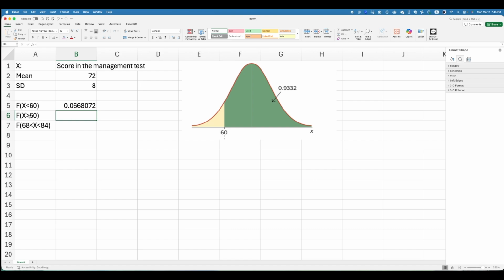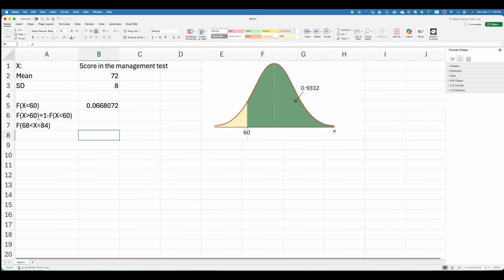Let's look at f of x more than 60. norm.dist always gives us the left side area. In order to calculate this probability, we need to transform it to a form of less than or less than or equal. So I can say this is equal to 1 minus f of x less than 60. Why can I say that?